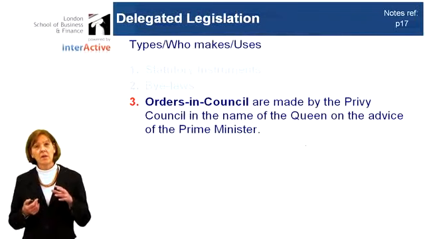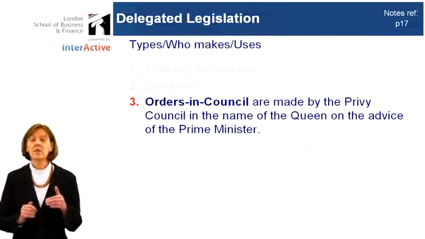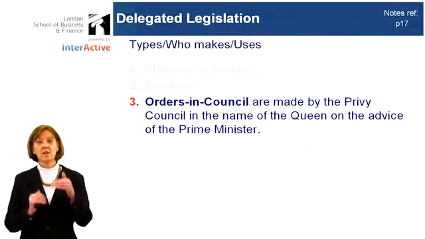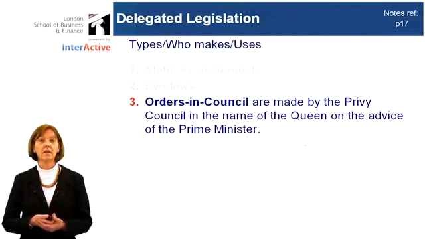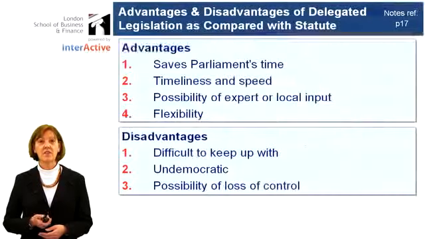Now, a very common question is for your examiner in Part A to say, explain what you understand by delegated legislation. That's what we've just been doing. Part B will then say, explain the advantages and disadvantages of making law in this way.